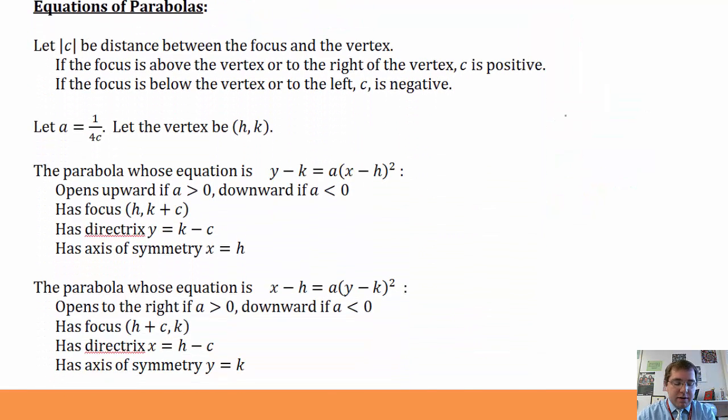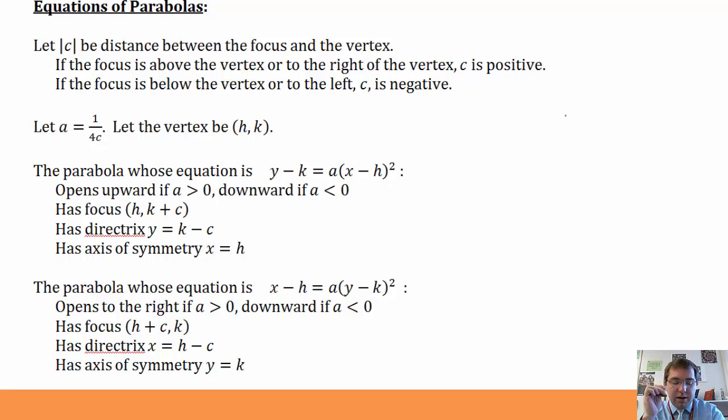Let the absolute value of c be the distance between the focus and the vertex. If the focus is above the vertex, or to the right of the vertex, then c is positive, and the parabola opens up or to the right. If the focus is below the vertex, or to the left of the vertex, then c is negative, and the parabola opens down or to the left.